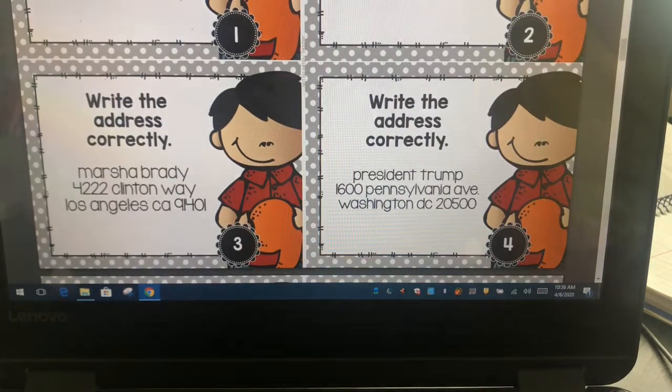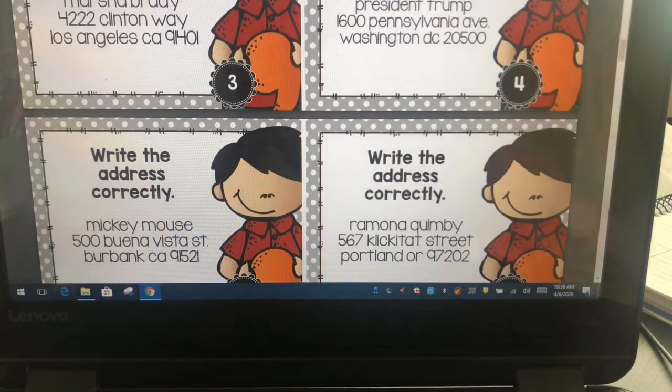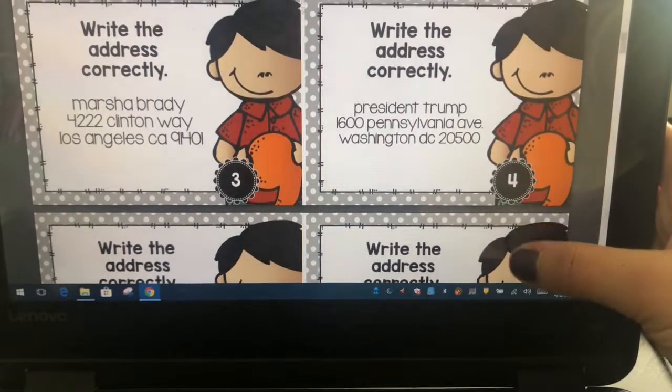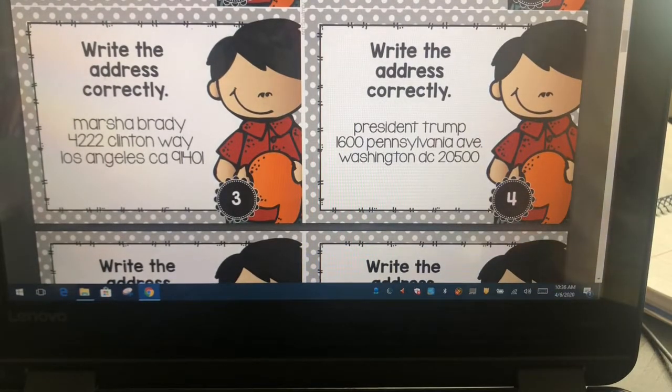Moving on to the next two cards. Go ahead and try these on your own. Remember to pause the video when you need to write them down and then play the video for the next cards, and I will show you the answer in a few seconds.